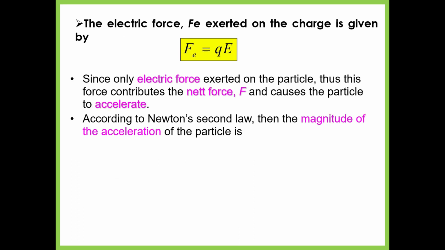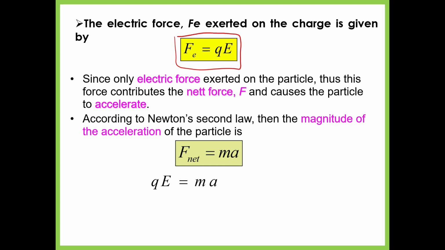So based on the motion previously explained, the motion of charge is because of the attraction in the electric field, so it possesses an electrostatic force equal to QE. And because of the motion, the electrostatic force is equal to MA.